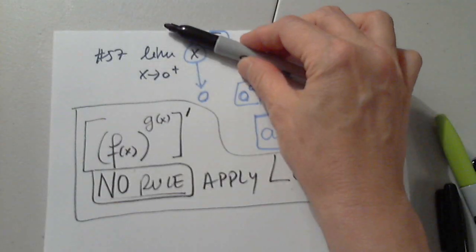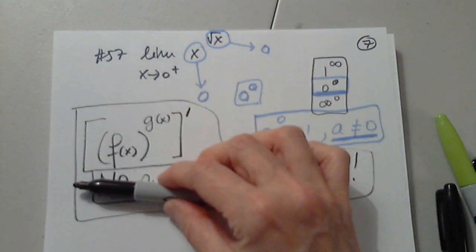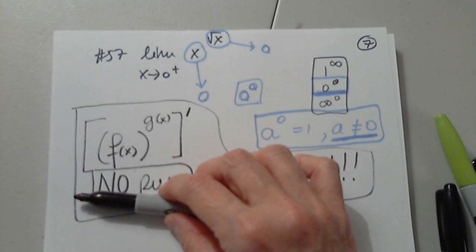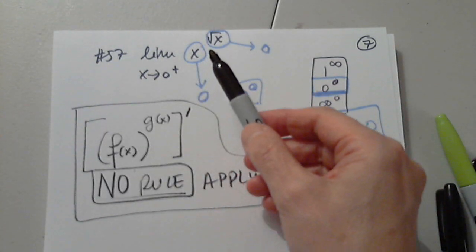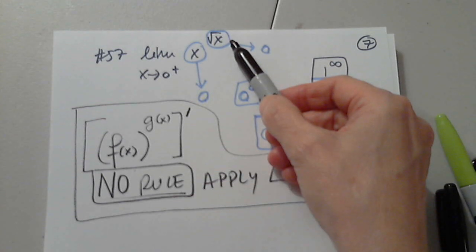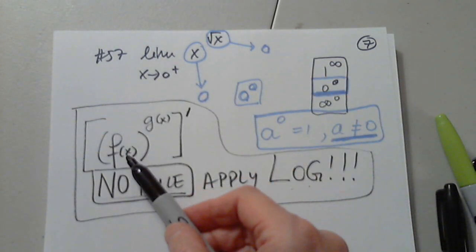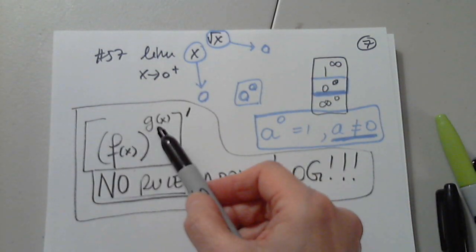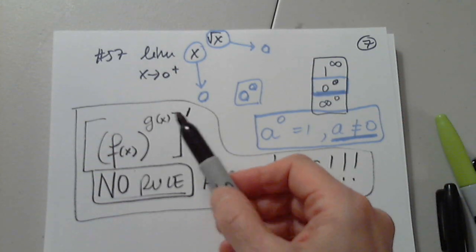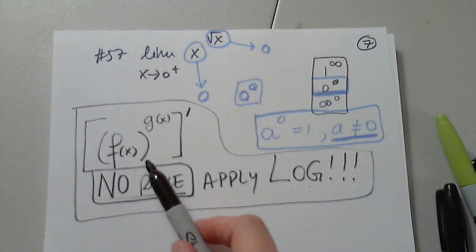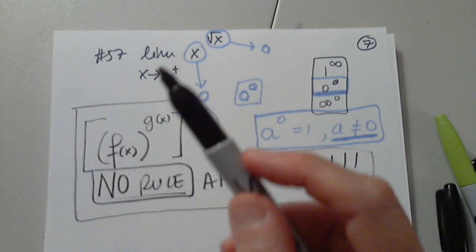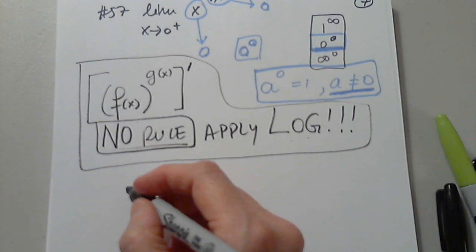So I want you to see the correspondence here, or maybe the similarities. I have the same situation. I have a function raised to a function. Yes, I know we're not differentiating. We're finding the limit. But this is what I have to do. I have to name the function.